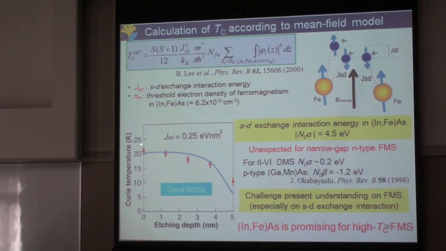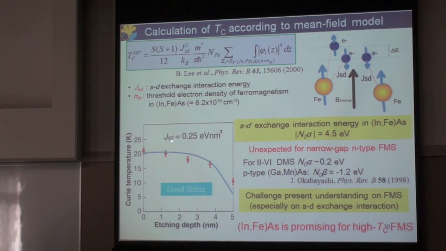And this is the Curie temperature as a function of etching depth. These red data are the experimental results, and these blue lines are the calculated TC based on this theory. So we can fit the results very well, but we have to assume that the sd exchange interaction energy in indium iron arsenide is very large.